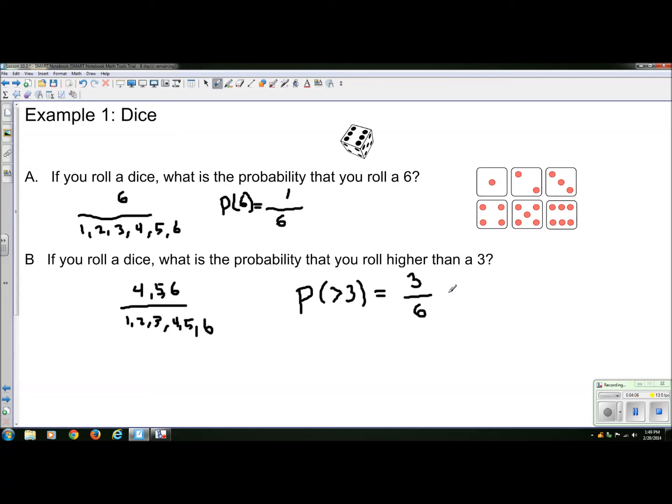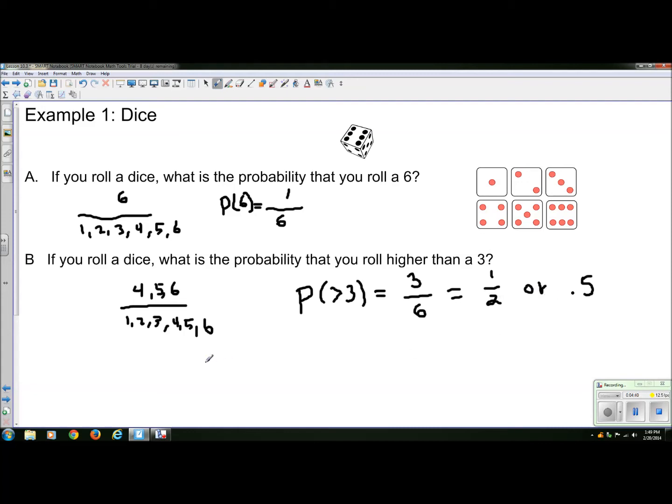Notice that we can simplify that to 1/2, or 0.5. You may have heard somebody say there's a 50-50 chance before, right? When they're talking about things happening. There's a 50-50 chance it'll rain today or something like that. Well, that's the same thing as saying there's a 1/2 probability or 0.5 probability.